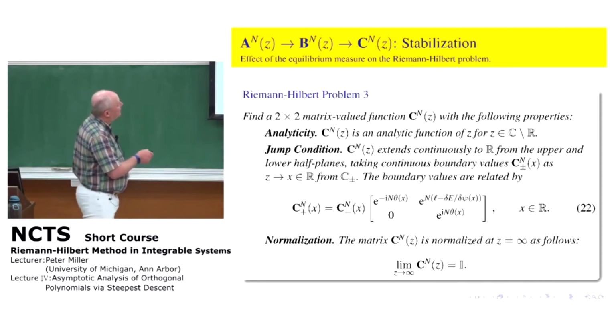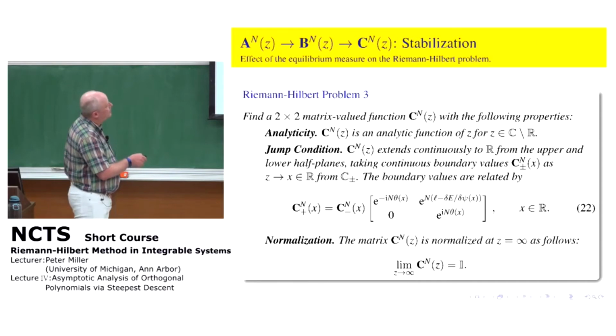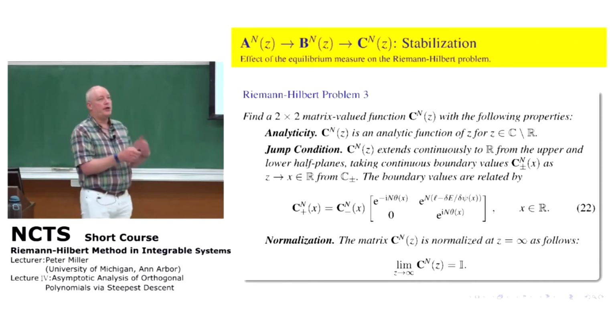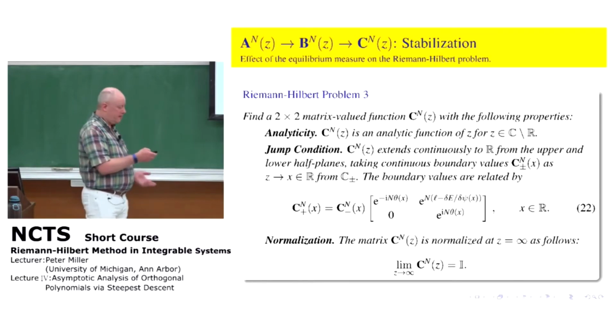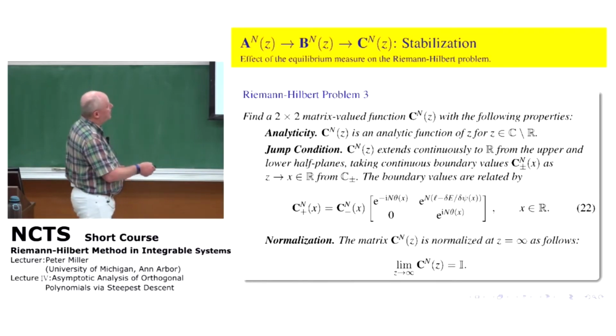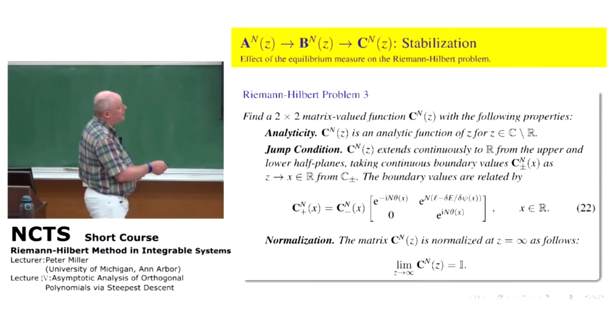So what I want to say about it is, if we think about those variational conditions, 10 and 11, which tell us alternately that in the support, this exponent here is equal to 0. And outside the support, this exponent here has a definite sign. Okay, the sign is negative.